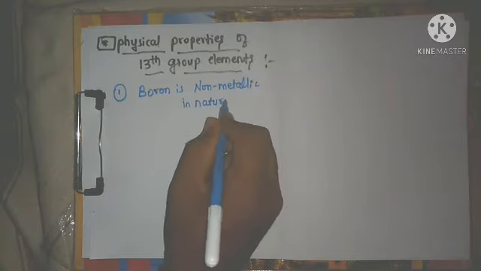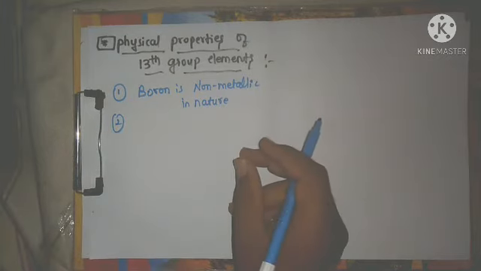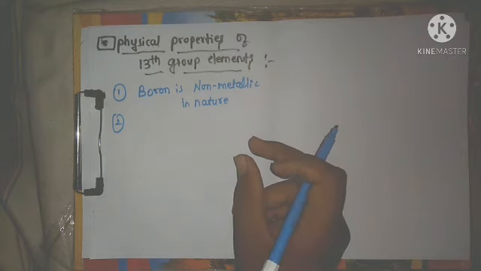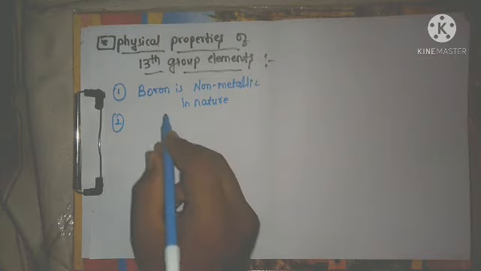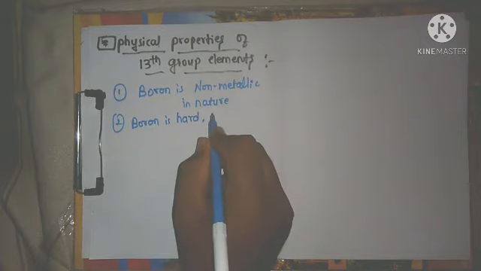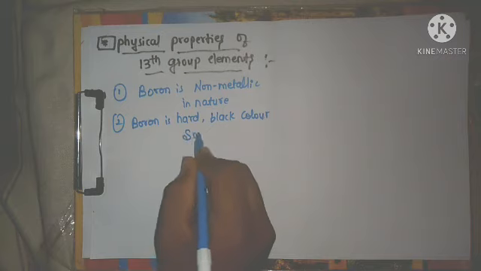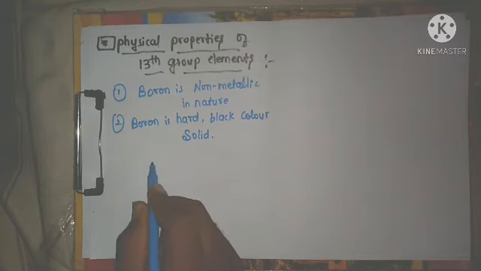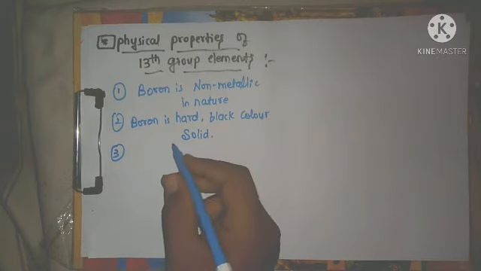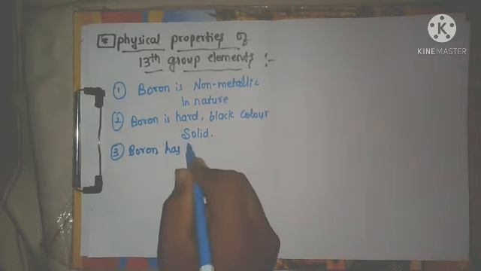If you see the boron, it will look like coal, meaning boron is a hard black colour solid. Next, if you check the melting point of boron, it is very high. In this group, boron has a high melting point.